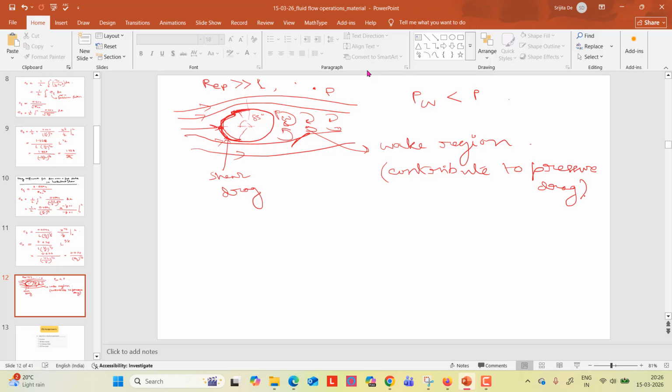When RE is 50, you have gone through these things in the notes. So again, for RE greater than 50, vortex disengagement starts.